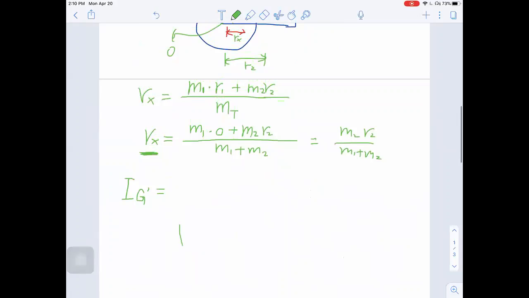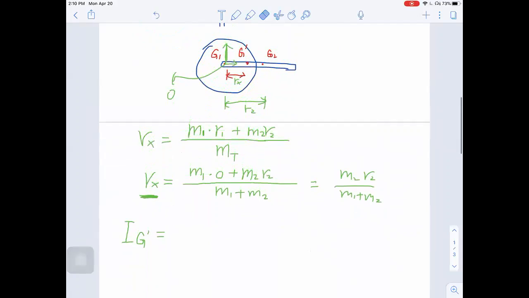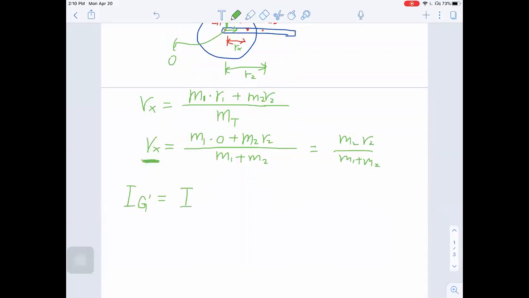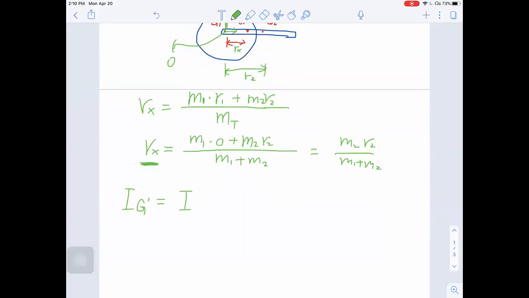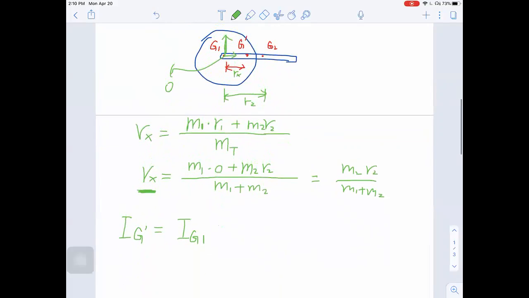And the new moment of inertia of this combined disk and bar, which are welded together, can be found by using the moment of inertia about G1, which is this disk, plus M1 times D squared.